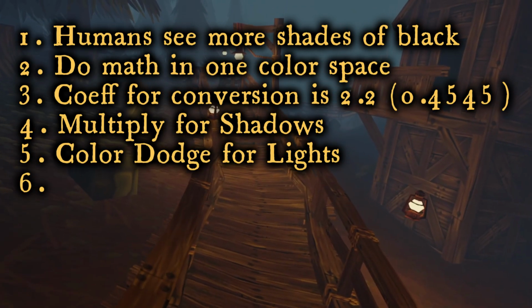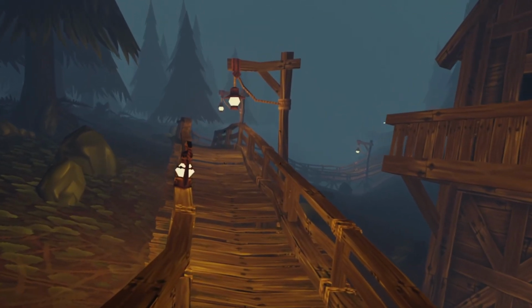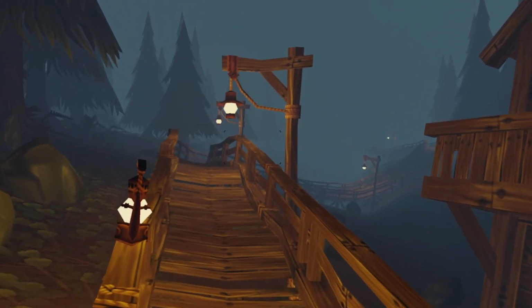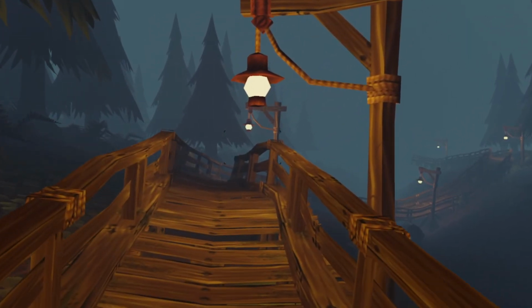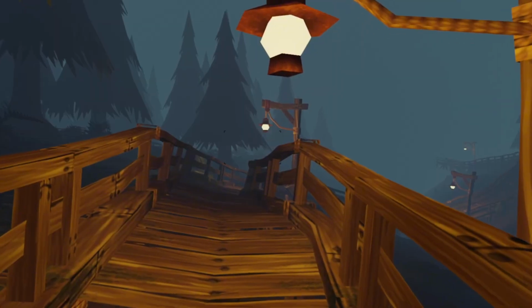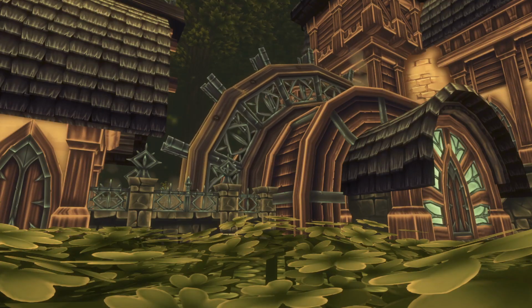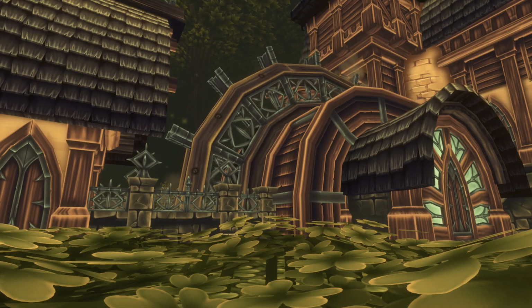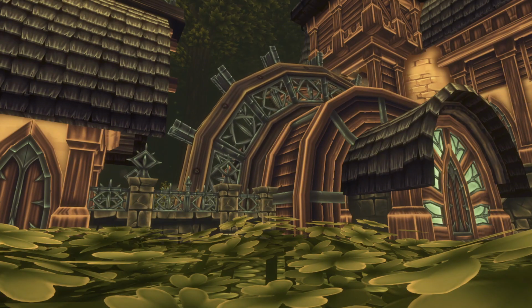Color dodge is good for lights. I do not like Bill Gates. There you go, folks. The mystery of 0.735 is solved, and I am left a little less sane for it. Tune into the next episode of my shader writing journey when I try to hijack Unity's lighting system to work with this new formula. It is coming sometime in the future, probably.